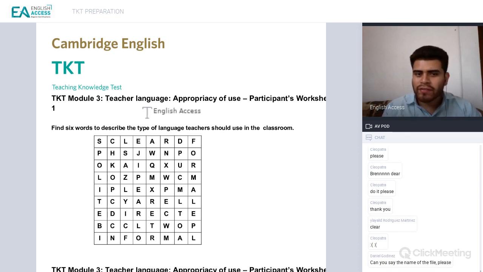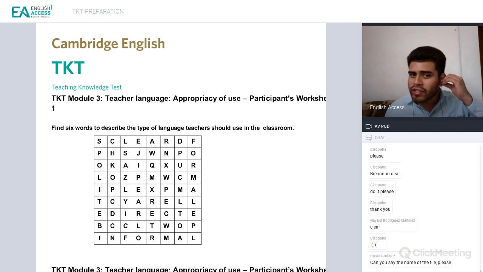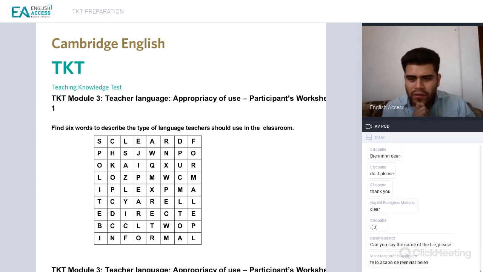The name of the file is right there. Is teacher language appropriacy of use. It's on the screen. I don't know if you can see the screen. Teacher language appropriacy of use.